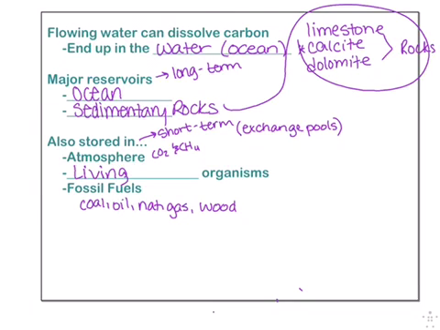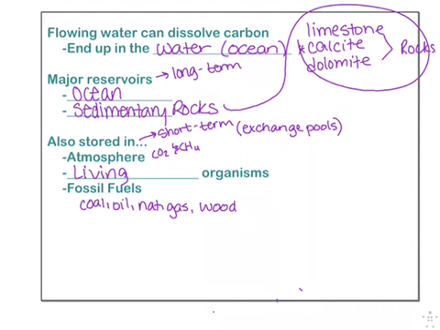So if you think about it with these exchange pools, we have carbon. You have a bonfire. You're burning that wood. You are releasing carbon into the atmosphere. Okay? Now that carbon in the atmosphere can combine with oxygen to make carbon dioxide. Now the plants use carbon dioxide for photosynthesis.